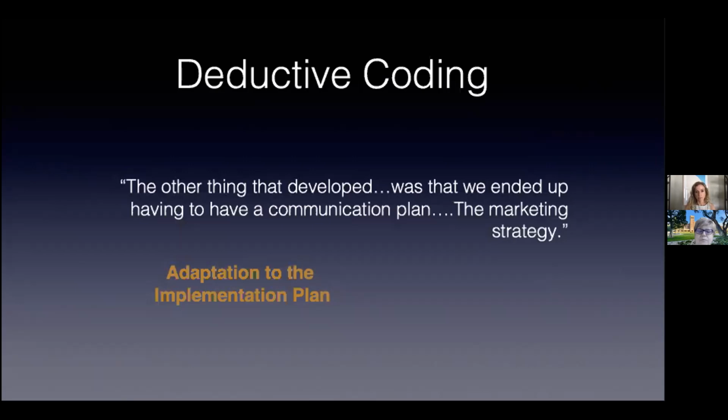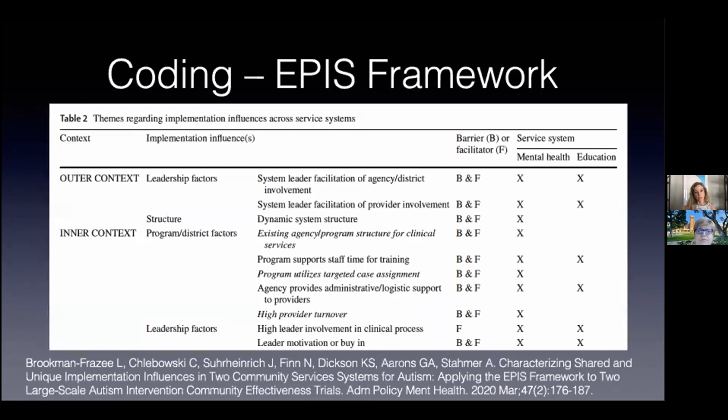I will say the example I really like is this one, which is from a paper that came out in 2020, last year. If you haven't gotten to look at it, it is a great paper, and they're comparing shared and unique implementation influences across 2 different community services systems for autism using the EPIS framework.